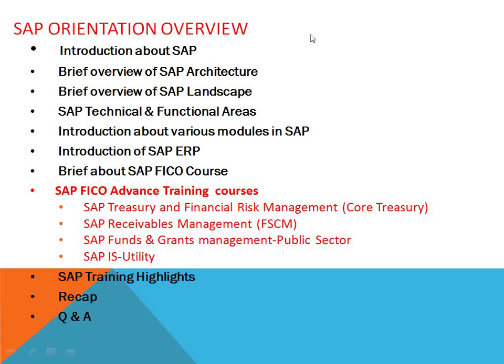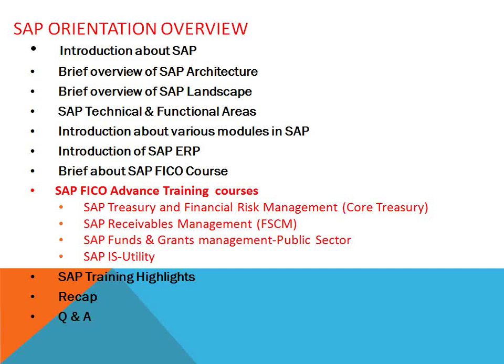Okay, guys, this is the SAP orientation. It's basically an introduction to SAP. These are my highlights of the day as we progress in the class: a brief overview of SAP architecture, a brief overview of SAP landscape, SAP technical and functional areas, introduction to various modules in SAP, introduction to SAP ERP, and a brief about the SAP FICO course.